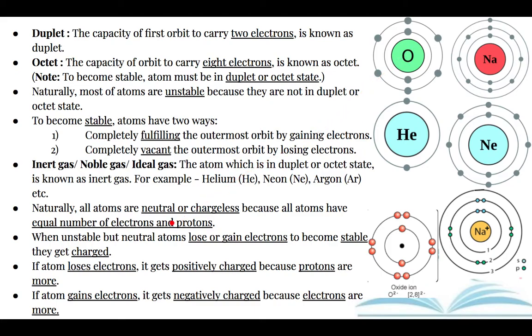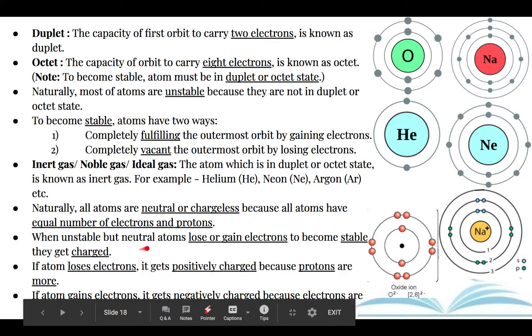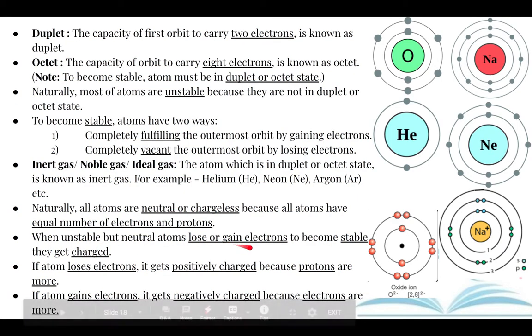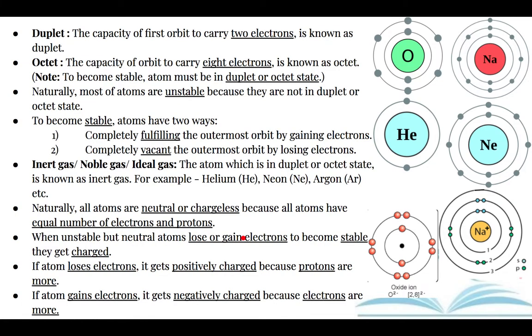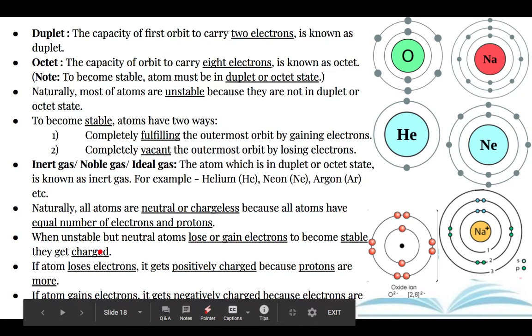So when an unstable but neutral atom loses or gains electrons to become stable, the electron and proton numbers are not equal, and in that case they gain charge. If an atom loses electrons to become stable, the proton number will be more, and since protons carry positive charge, that atom gets positively charged.